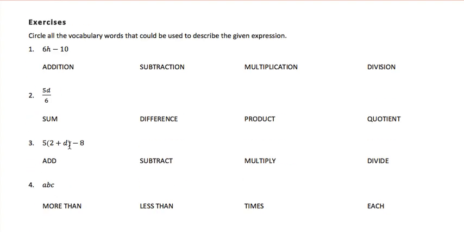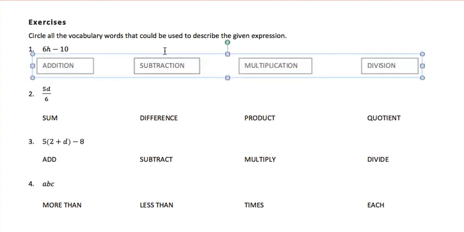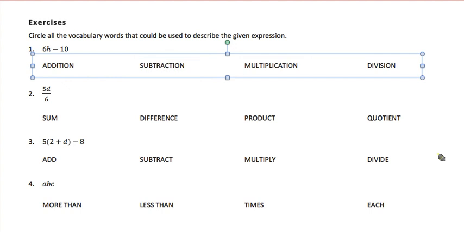Now in the exercises, they're asking us to circle all the vocabulary words that could be used to describe the expression. So I'll highlight. There's no addition there. There is some subtraction. So we have subtraction. We also have multiplication.